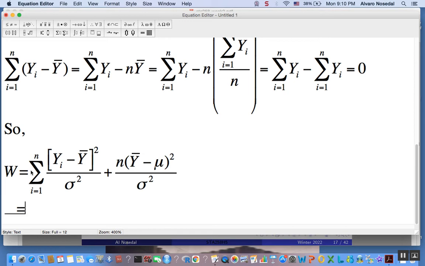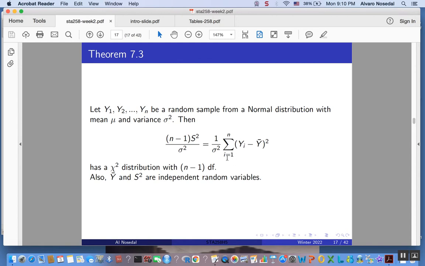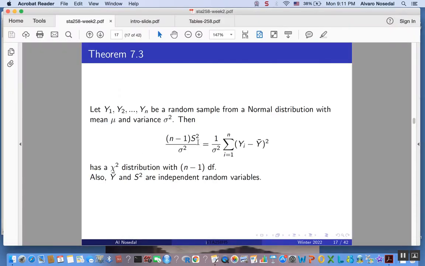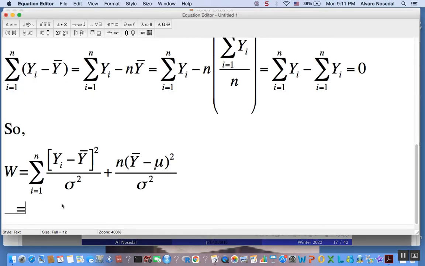I want to make it look nice. Let me just point something out. Maybe there's no need for me to write that much. See? The summation of i from 1 up to n of yi minus y bar squared divided by sigma squared happens to be n minus 1 times s squared divided by sigma squared. Can you see that? This is the same as this. So let me write that down.